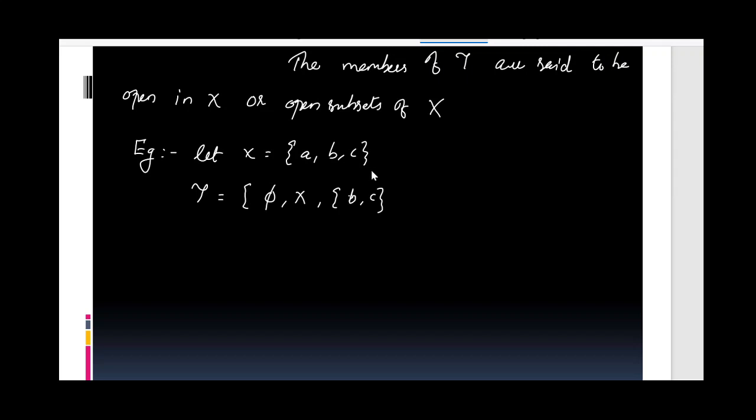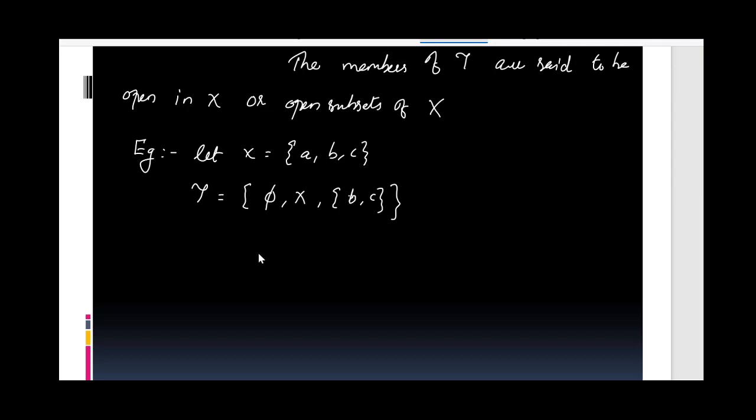Since we have considered only a finite set, arbitrary union reduces to finite union. So we take two elements from here, take the union, and check whether it belongs to this set or not. When you take the union with the empty set, you get the same set. When you take the union with X, you get X itself. Now we check intersection. The empty set with anything gives the empty set, and this set with itself gives the same set again. So this will form a topology.